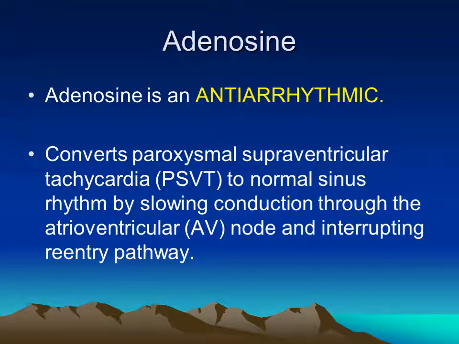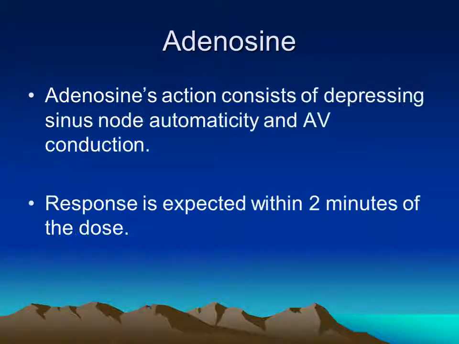Adenosine is an antiarrhythmic, and it converts paroxysmal supraventricular tachycardia to normal sinus rhythm by slowing conduction through the AV node and interrupting the re-entry pathway. Adenosine's action consists of depressing sinus node automaticity and AV conduction.